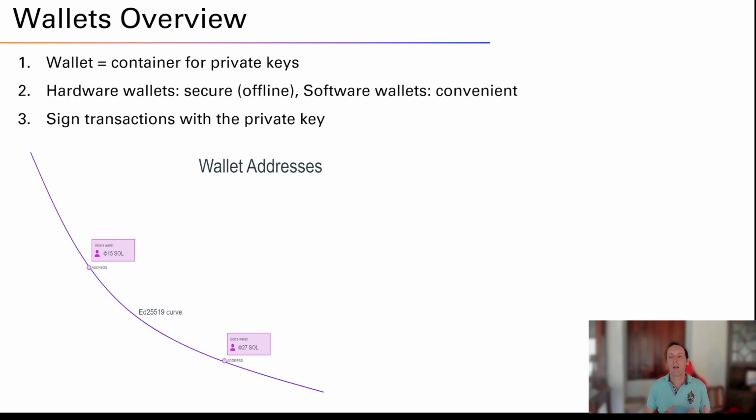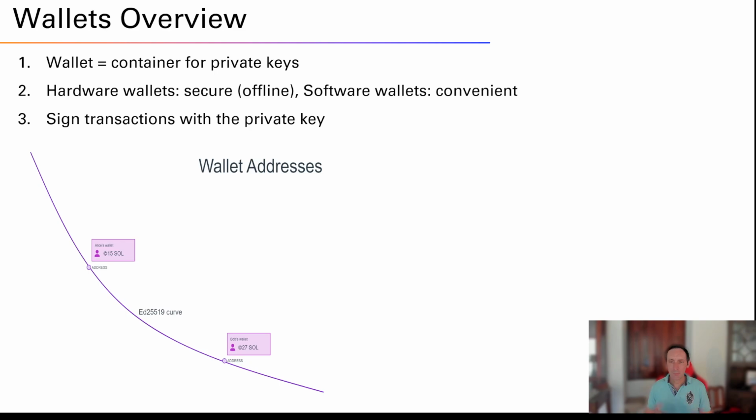So wallets like Phantom run as plugins in a browser. If you're in a mobile app environment, you will see that in the upcoming videos. You could have the app installed as an individual app that you can download from the App Store, and you can use deep links to communicate with the app.